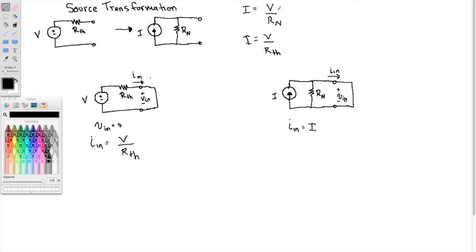Well, now compare these two equations that we just wrote down. If those are to be true, then the resistors in each case are equal. So let's just call that R. They're equal, so we'll drop the subscripts. And so we've completed the transformation.